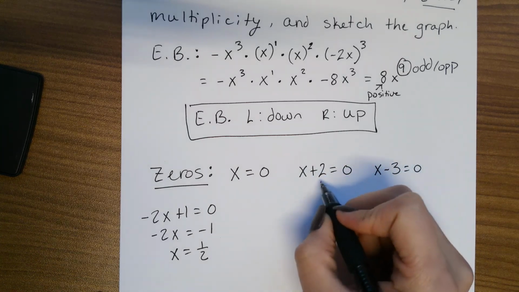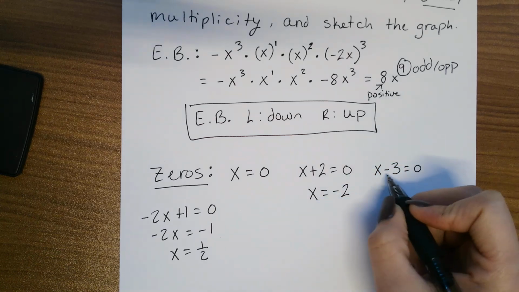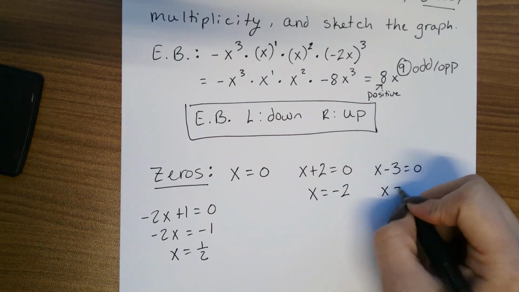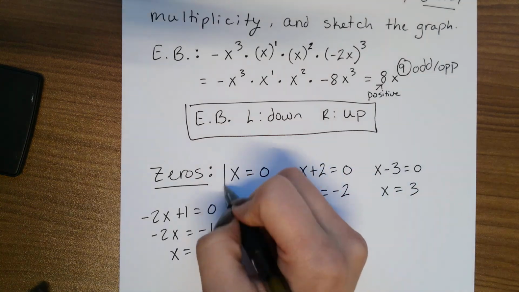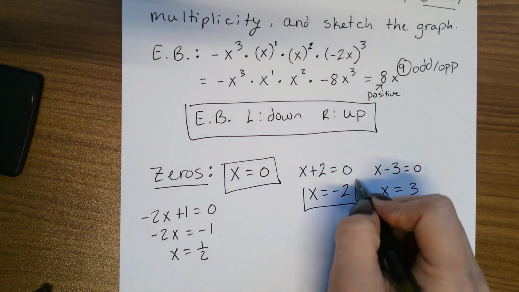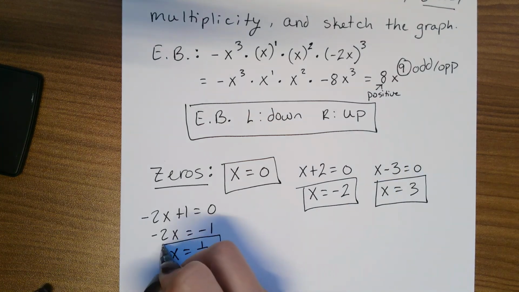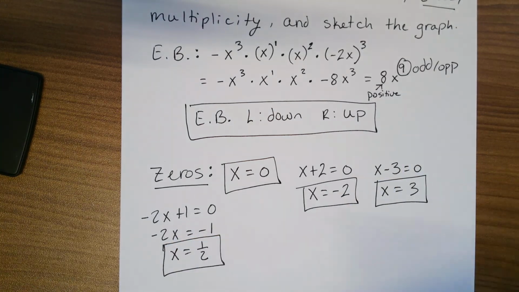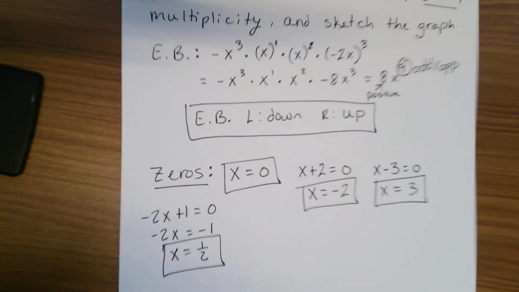X plus 2 equals 0. If I subtract 2 from both sides, I get x is equal to negative 2. And add 3 to both sides, I get x is equal to positive 3. So these are all of the zeros. So my graph will interact with the x-axis at all 4 of these points.